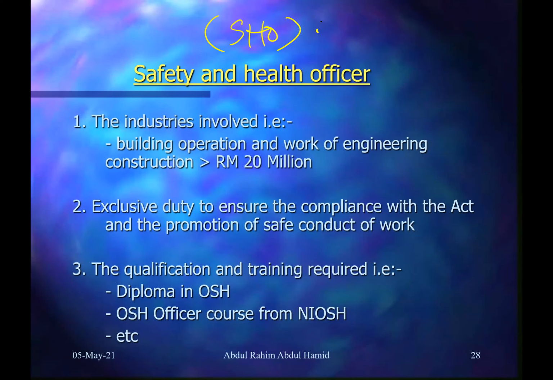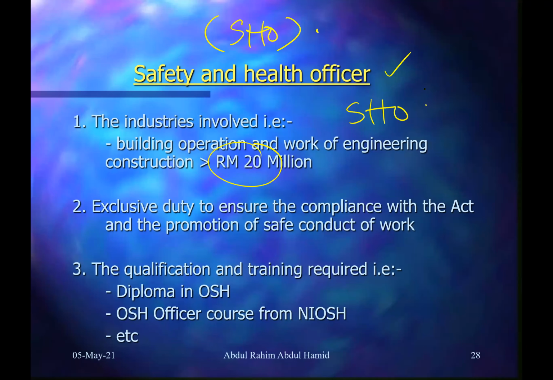Safety and Health Officer, SHO. Okay, under OSH 1994, when it was gazetted, this wording appeared. Prior to this law, we had not seen the compulsory usage of a safety and health officer at the workplace, but now it is a common thing. Building construction work of more than 20 million, it is a must to have a safety and health officer.